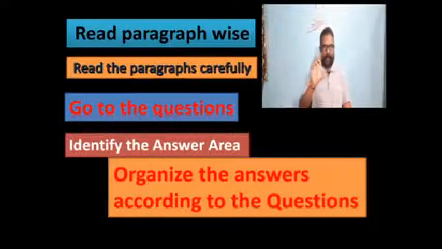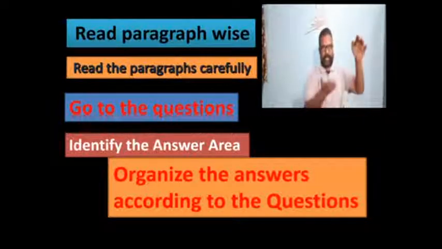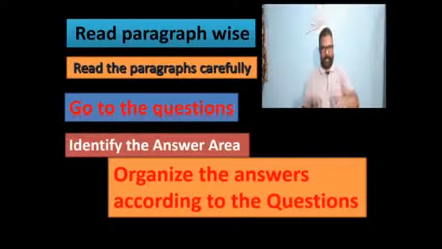In some places, 3, 4, or 5 lines may be the answer area. But what students usually do is cut, paste, and write it as the answer. That's not right. This time you need to organize the answer.